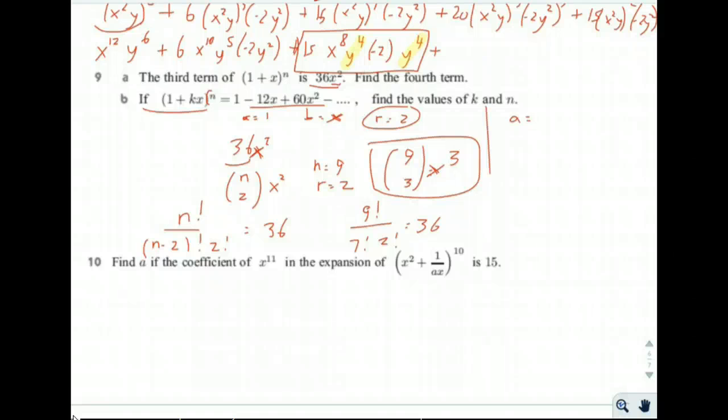A is equal to 1. B is equal to kx, and we don't know n. So let's say for r equals 1, we got n choose 1 times a is 1, b is kx to the first is equal to negative 12x.